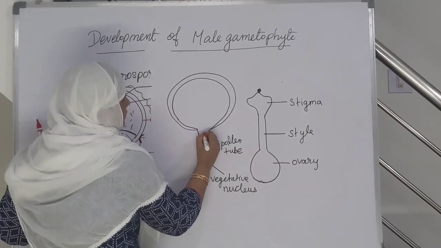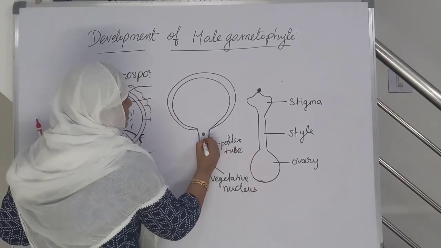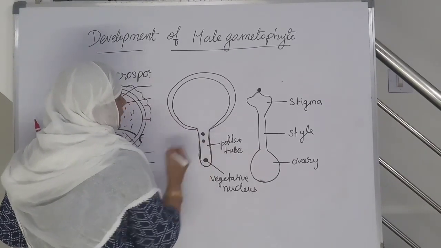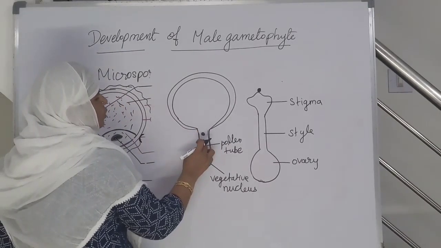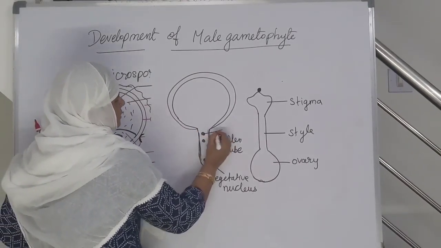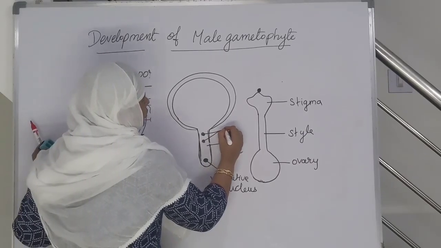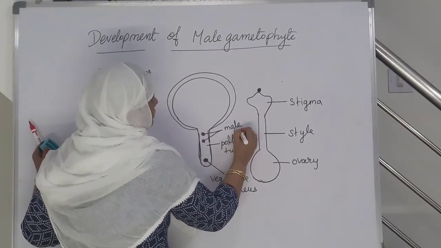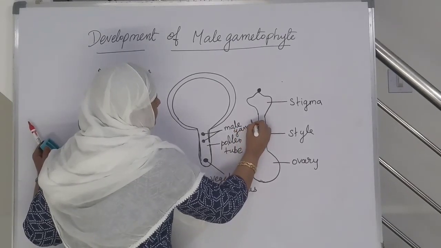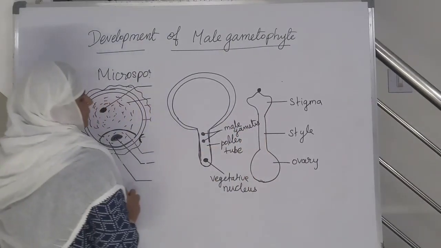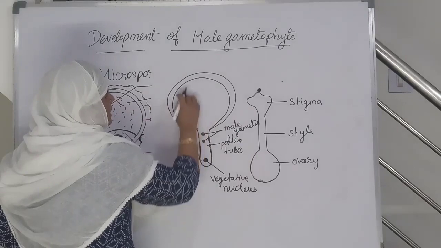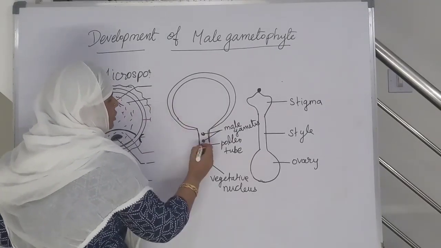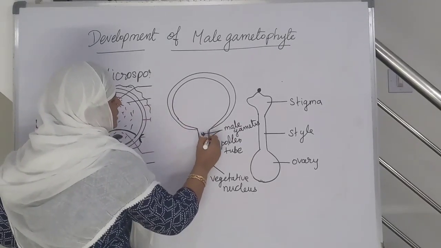Here it will undergo mitosis and form two male gametes, or sperms. And the cytoplasm which is present here is also poured into the pollen tube like this.